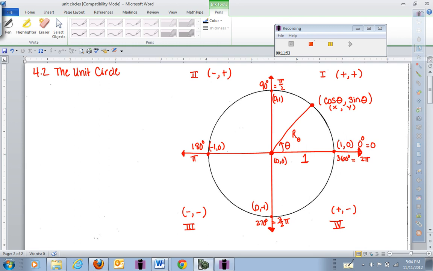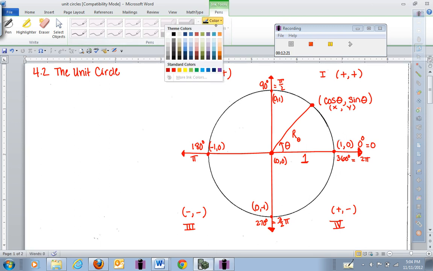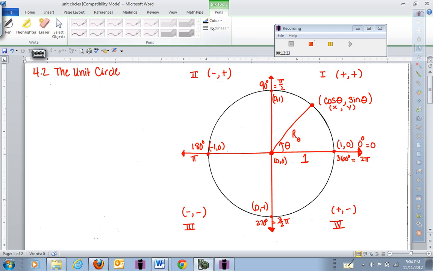Okay? Now, we haven't talked about how tangents fit into this. And the tangent in trigonometry, you know tangent to be opposite over adjacent, don't you? But we can't use that as an idea here because opposite over adjacent wouldn't really help us, would it? So we're going to define tangent. And this is going to be a new definition for you, so make sure we write this on your note card.